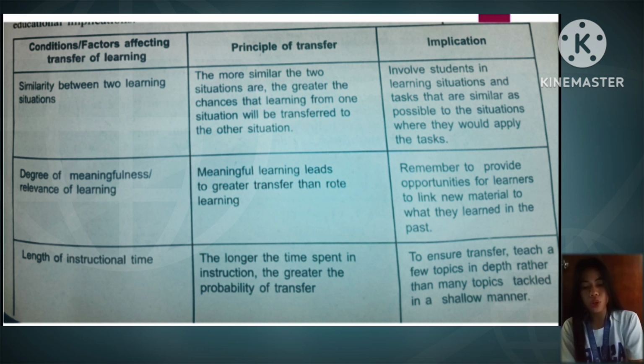Implication: to ensure transfer, teach a few topics in depth rather than many topics tackled in a shallow manner. Dito, kailangan na yung ituturo mo sa mga bata kahit konti lang ay malalim kaysa doon sa mababaw or parang walang kabuluhan.